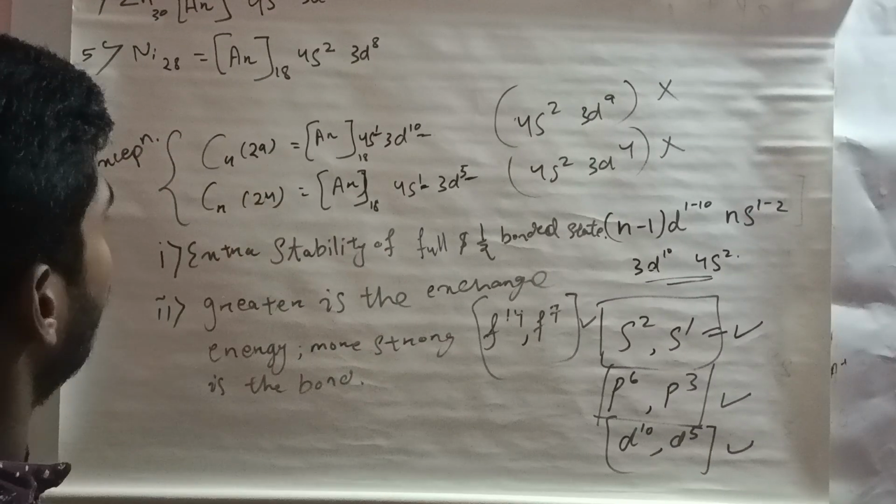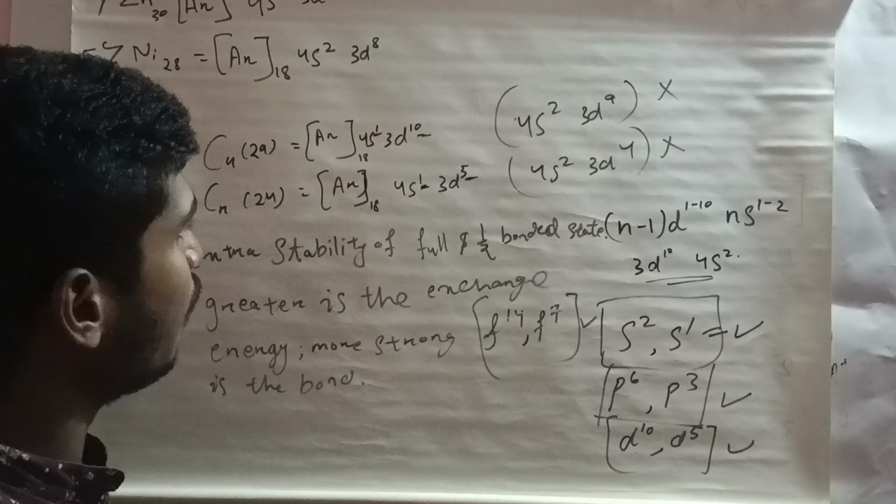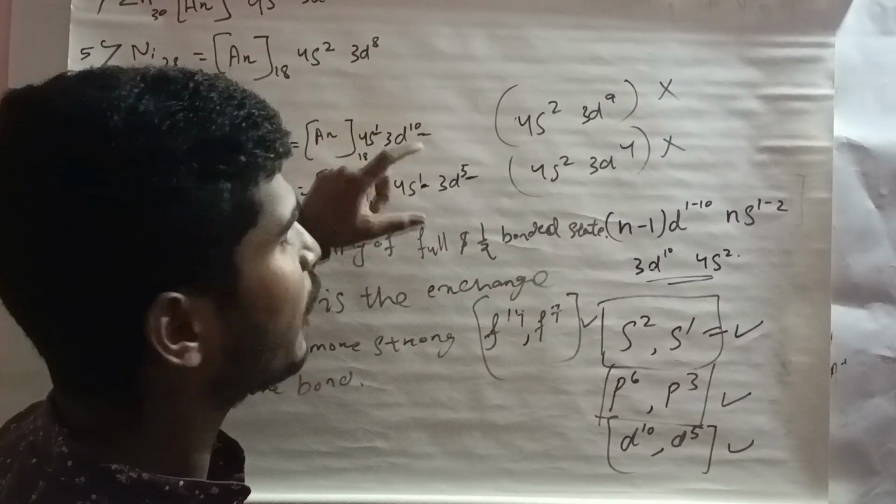These two are the exception cases, and these two are the reasons why this stability is required.